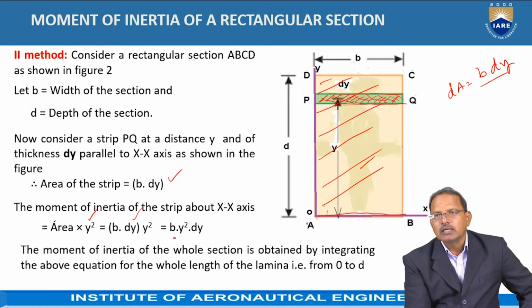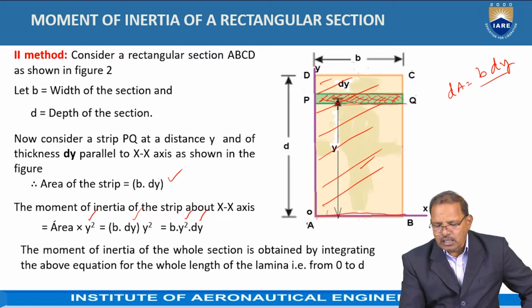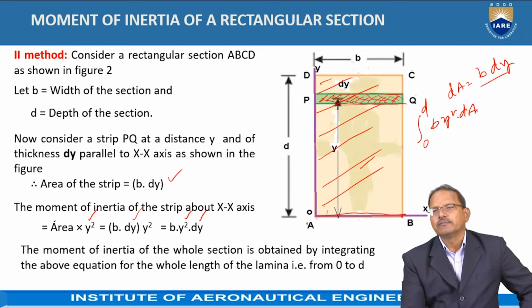From this relation we get B y square dy. The moment of inertia possessed by the entire area about the line AB is obtained by integrating from AB to DC, that is with limits 0 to D. The equation is the integral of B y square dy.